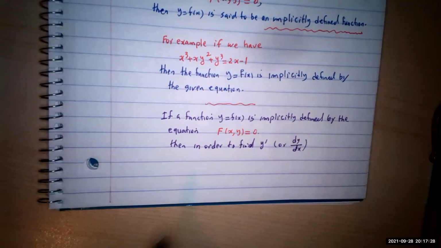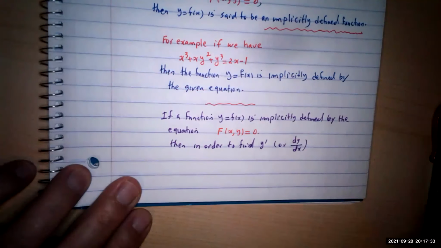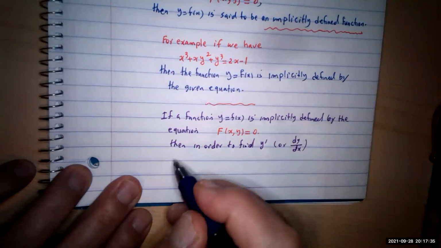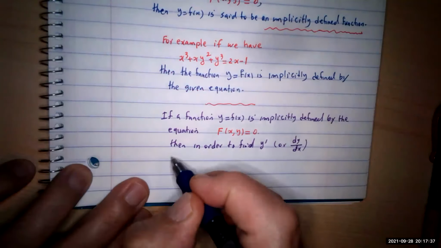So in order to find the y prime or dy dx, what do we do? You differentiate both sides of the equation.